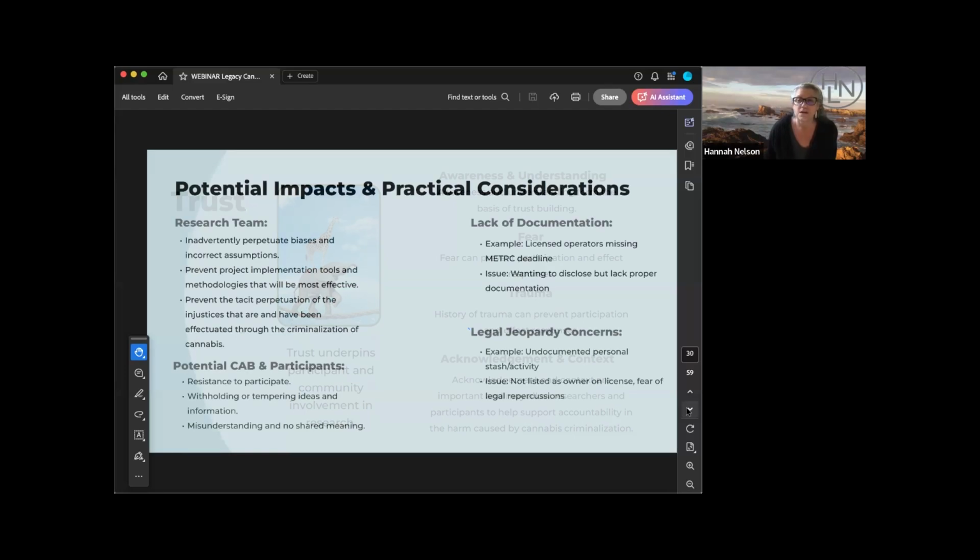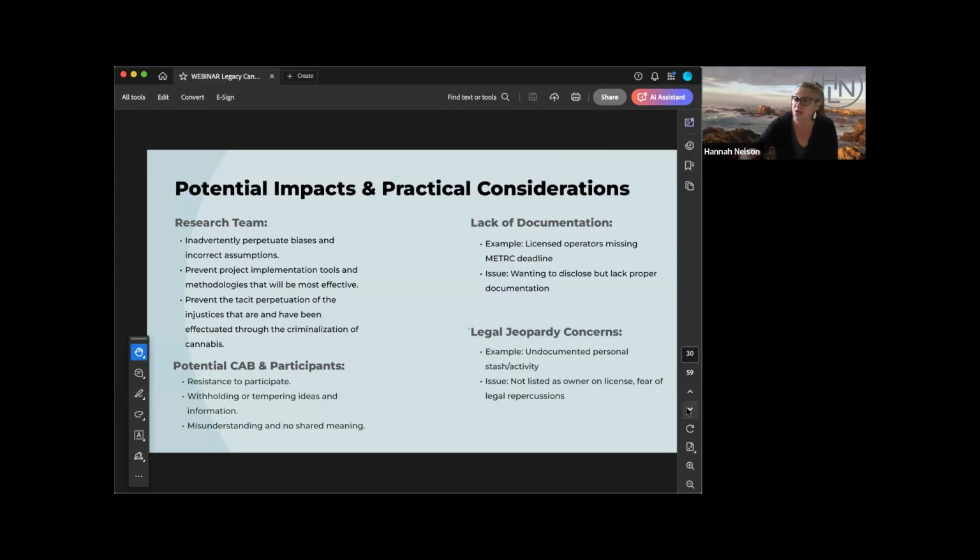Next slide. The potential impacts and practical considerations of taking all of this into account, and on the research team there, you see some of the things that I've listed. I'm sure that's not all of it, but if we don't keep these things front in mind, we can inadvertently perpetuate the biases and incorrect assumptions that could prevent implementation of tools and methodologies that would be really the most effective, and it could tacitly perpetuate the injustices that have been and are effectuated through the criminalization of cannabis.